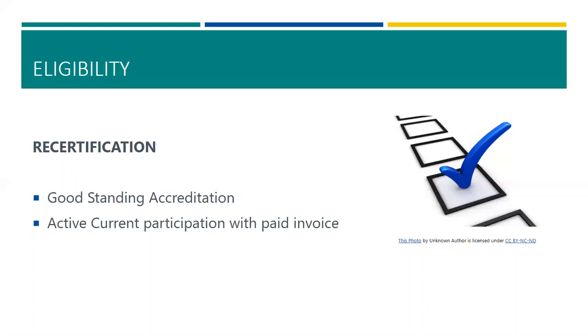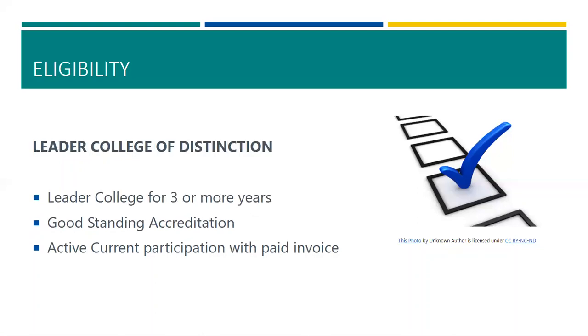Colleges that choose to apply for the Leader College of Distinction Certification must meet the following criteria that also include good standing with the accrediting agency, not on a warning or probation, and also actively participating in the ATD network at minimally the annual network benefit level of $8,000. In addition, colleges must have been a Leader College for 3 or more years to apply for Leader College of Distinction status.